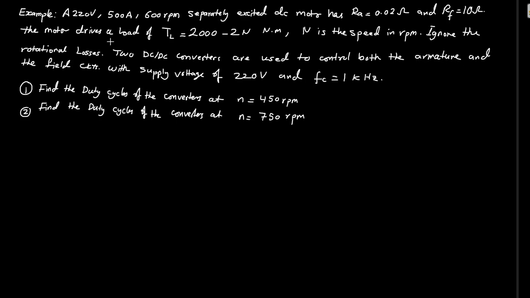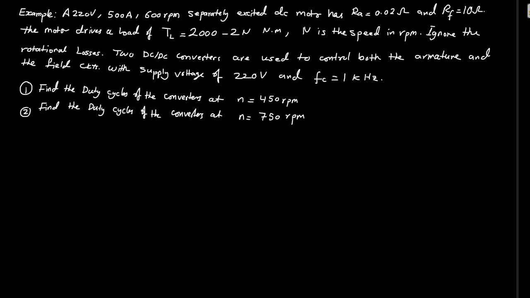The motor drives a load of TL equal to 2000 minus 2n Newton meter, where n is the speed in RPM. If we ignore the rotational losses, and we are assuming that we are using two DC-DC converters, one to control the armature and one to control the field, with a supply voltage of 220 volt and switching frequency equal to 1 kilohertz.